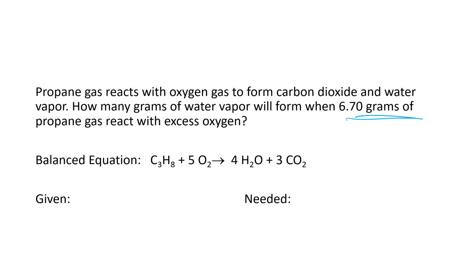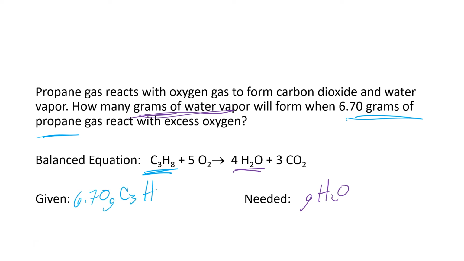We're starting with grams of propane, so that's this one. And we're going to grams of water, which is right here. All right, so we need grams of water, and we're starting with 6.70 grams of propane. So we're going to need the periodic table this time because we got grams to grams.